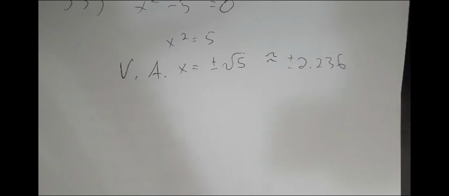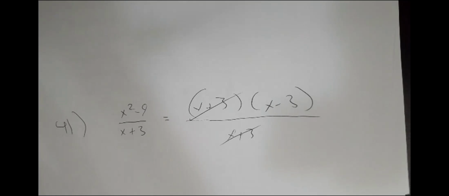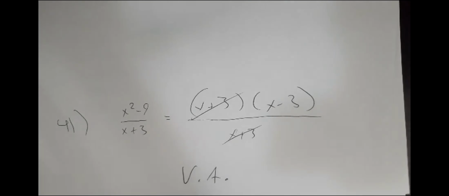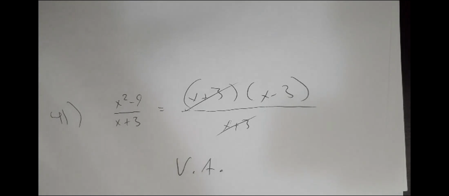I should emphasize that's the vertical asymptote. What's my vertical asymptote on this thing then? And maybe it's a bit of a trick question. I didn't catch that.